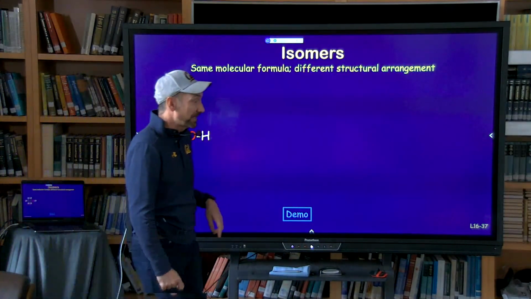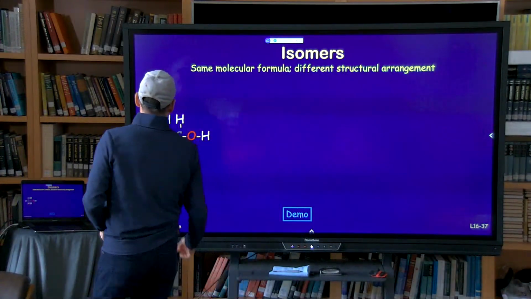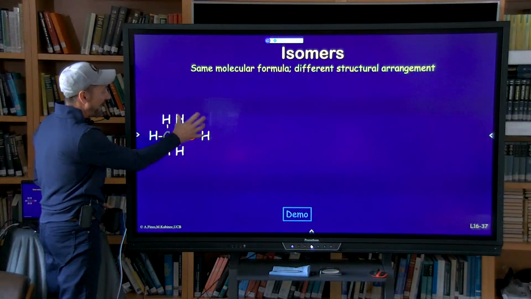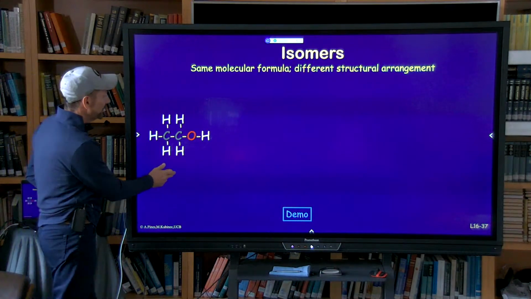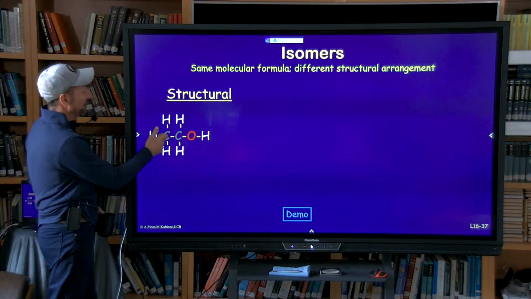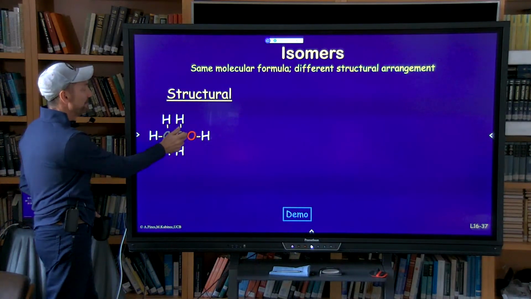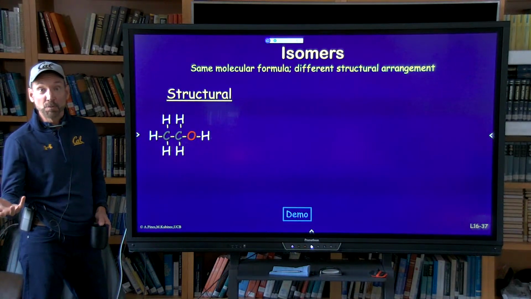Now we're at the stage where we're drawing more complicated molecules, and we've talked about this already. Molecules can have the same number and kinds of atoms, but there are different ways to arrange them. So just knowing the molecular formula, C2H5OH, is not enough to know what the molecule is.